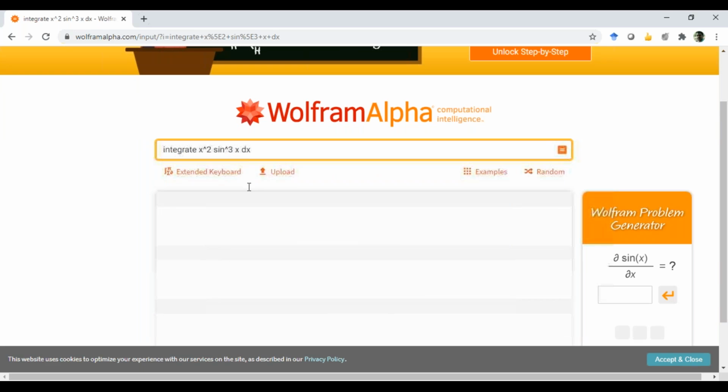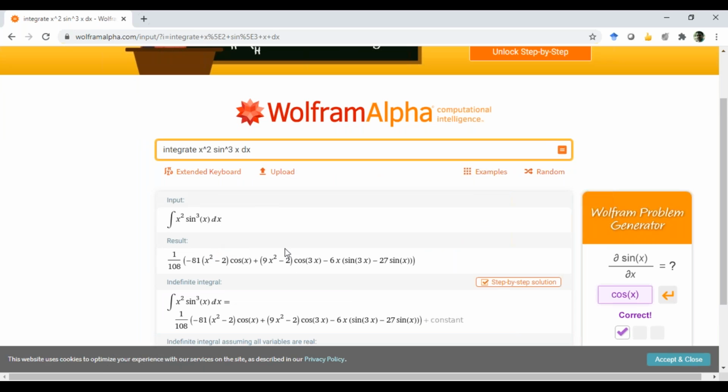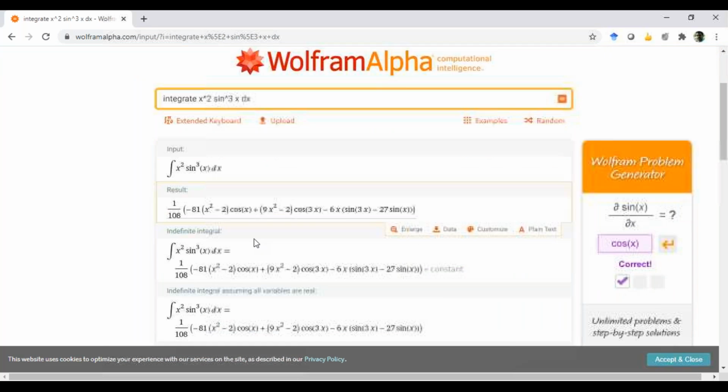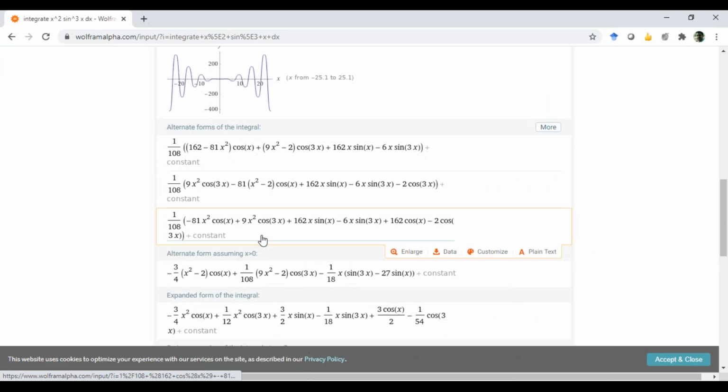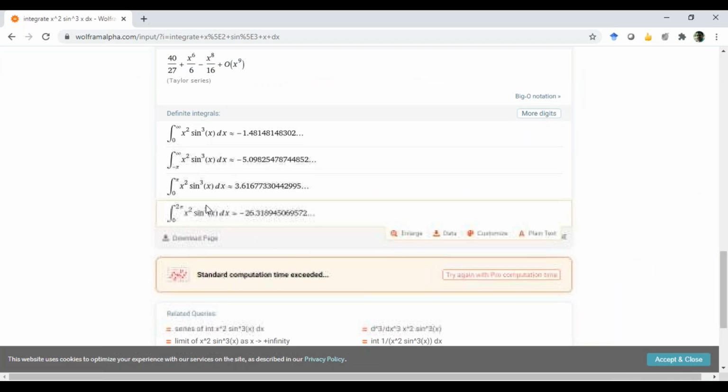You can find the solution to the integration and differentiation from this particular site. You can check the correctness of your answer. If you are giving complicated functions, there is no need of doing it manually. You can make use of this. For the integral of x square sine cube x dx, the solution and its plot will all be given.